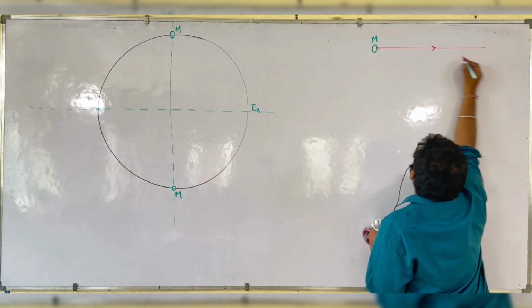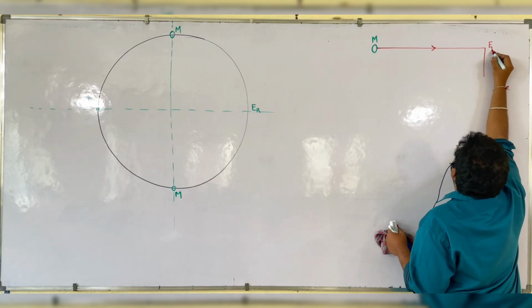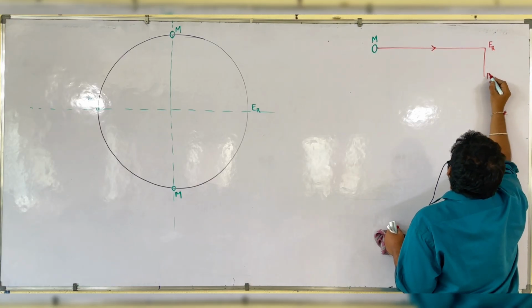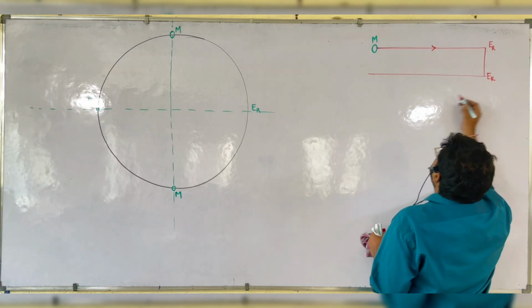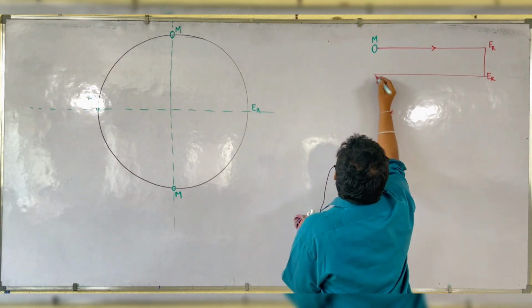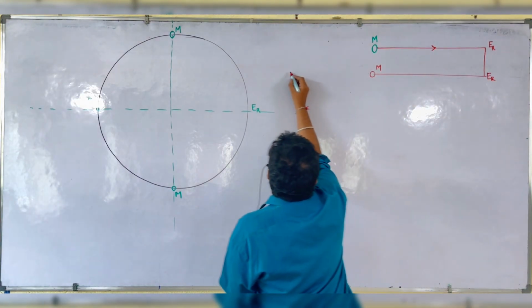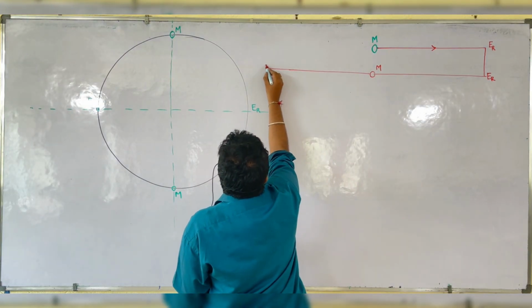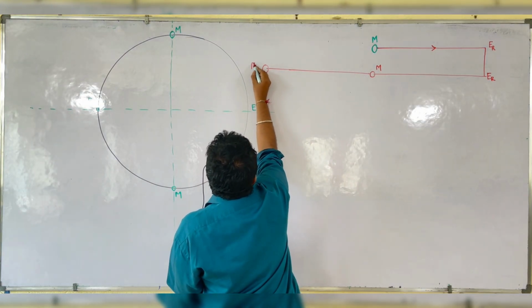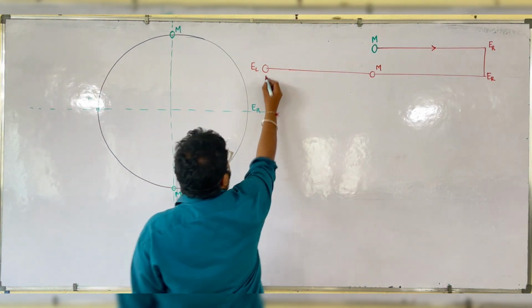అర్థమవుతుందా? See this. This is the right extreme position. After that, it comes to mean position. Then it goes to the left extreme position.